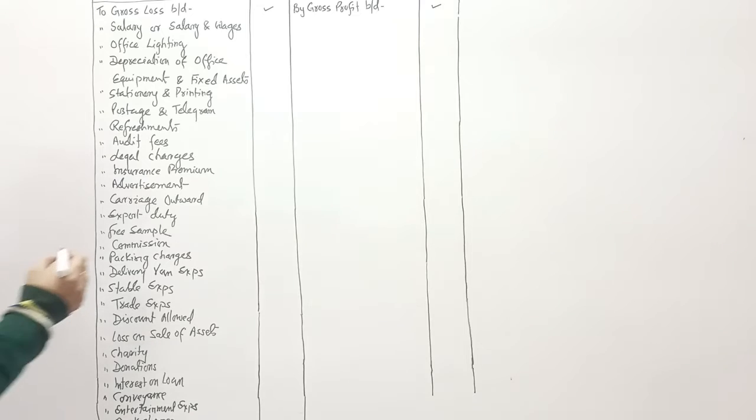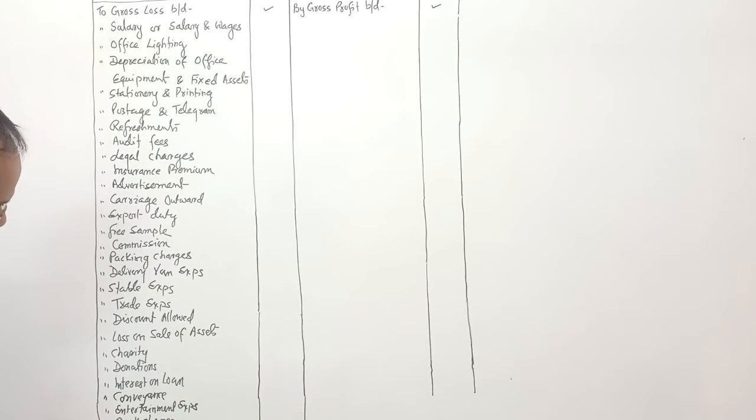Then you can write bad debts as another item. Bad debts, it's related to selling and distribution.